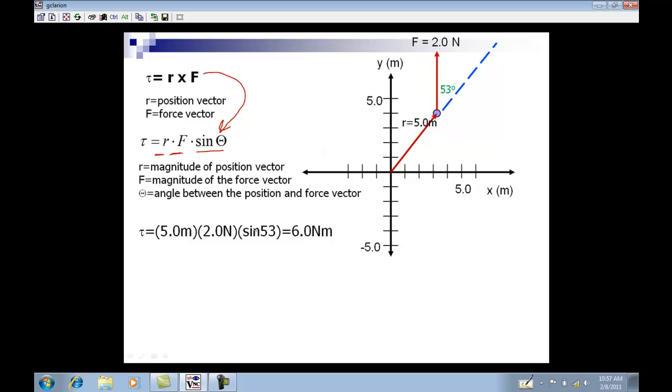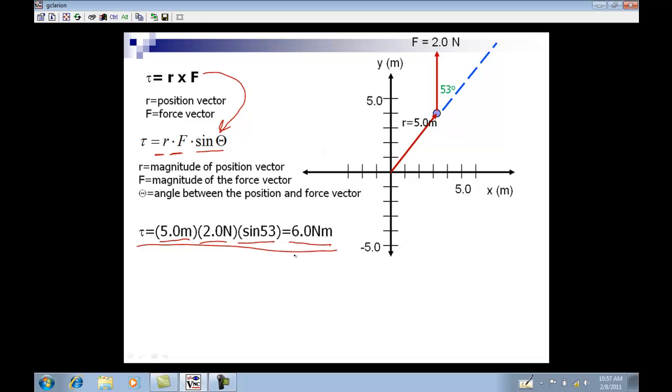It's essentially the same way, but that's another way we can solve this torque problem. So I take the magnitude of the position vector, the magnitude of the force vector, and the sine of the angle between them, and that will give me the torque.